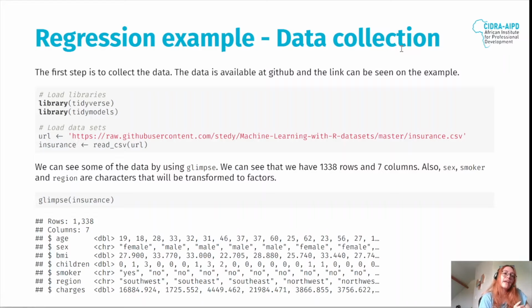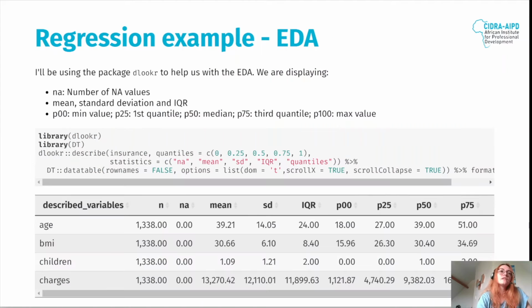For example, age was read as a double, sex as a character, BMI also as a double, charges, that is our Y variable, as a double. We can see here that we have smoker and region that are just like sex, some factors, but they were read as characters. So this is how the data looks.